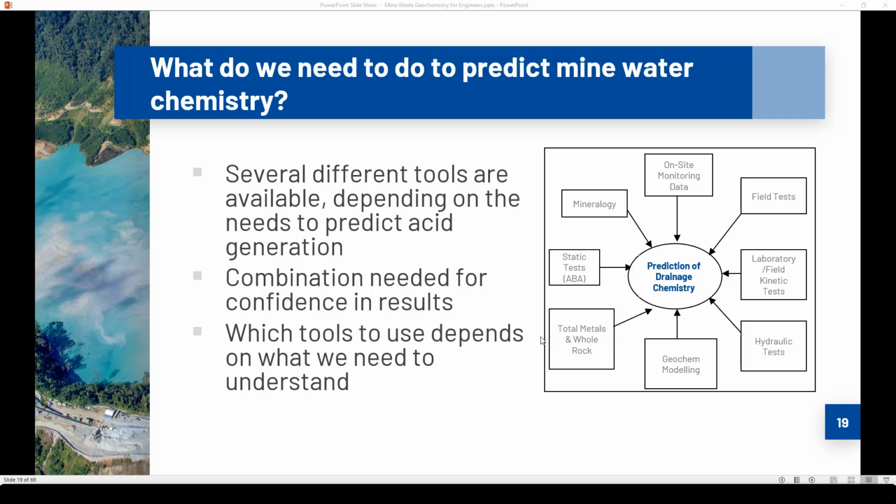The important thing for you to understand is the context of each of these types of tools, and more importantly, for us to have confidence, we really need to use a combination of these tools to give us a consistent understanding of the mine waste or mine source, such as a void, which can generate poor mine water quality.